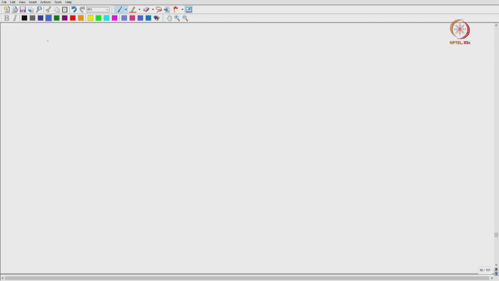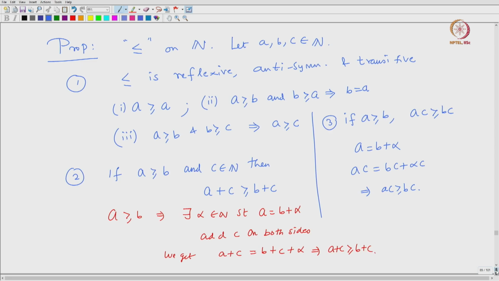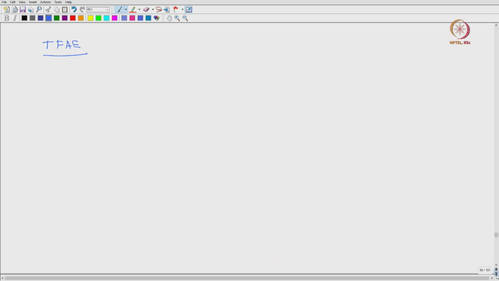So, the following are equivalent. Maybe we can take it as the fourth property: these statements are equivalent.